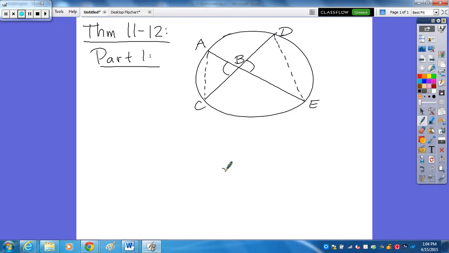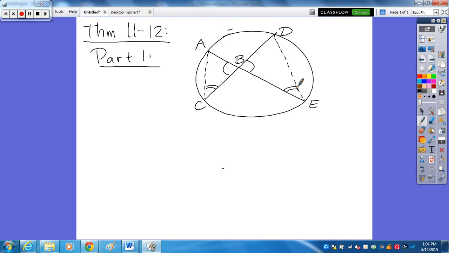I also notice that this inscribed angle at C intercepts this arc here, and this inscribed angle at E intercepts the exact same arc. So angle C and angle E intercept arc AD, and we talked earlier that those two inscribed angles have to be congruent to each other because they intercept the exact same arc.